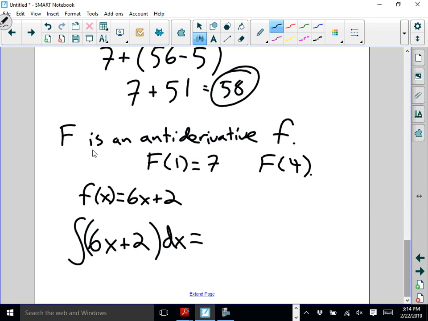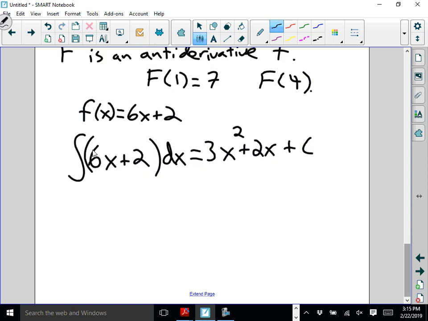I've got x squared, 6 divided by 2 is 3, plus 2x. But when I do an indefinite integral, I always have plus c at the end. So what I know is that capital F of x is 3x squared plus 2x plus c.